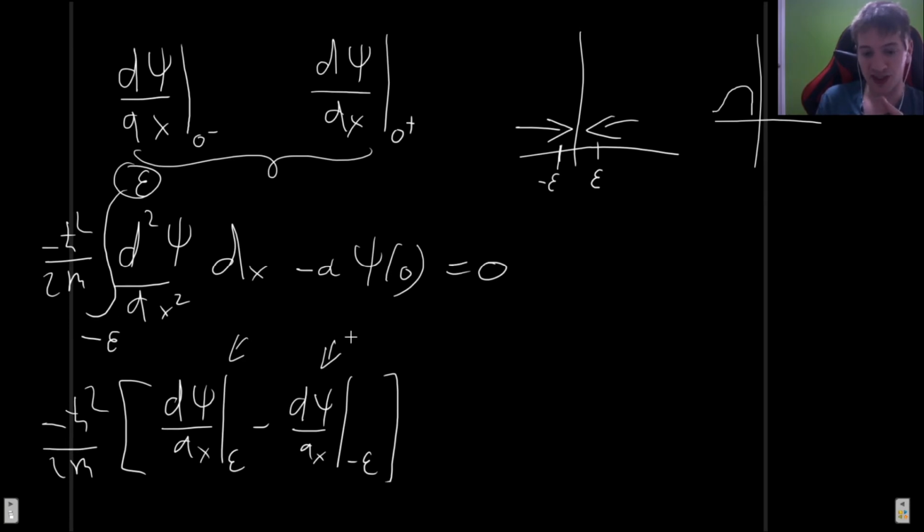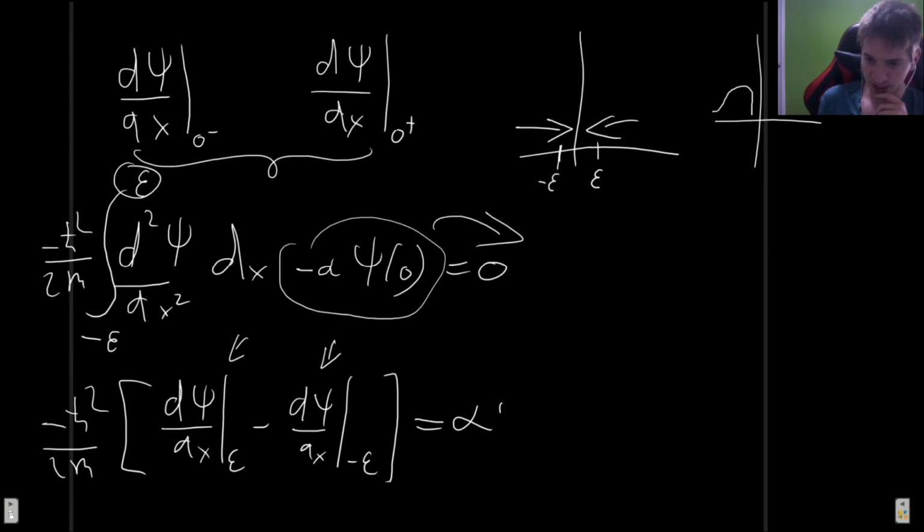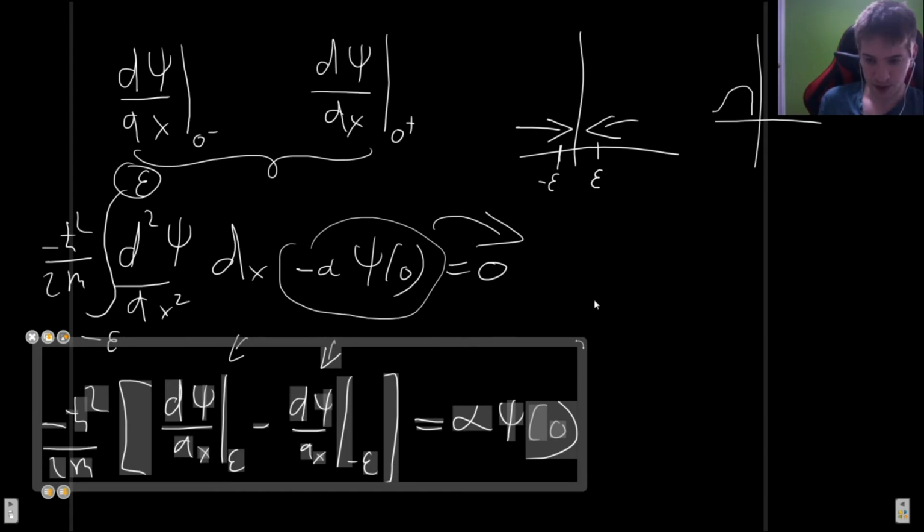So if the derivatives were continuous, then they should be the same and this thing should be 0. So with this, we can actually evaluate and see if there is any discontinuity at all, and if there is, what it is. So this is going to be equal to this right here, which we can now add up. So it's going to be alpha psi times 0. Okay, so let me now copy this, go to the next page.